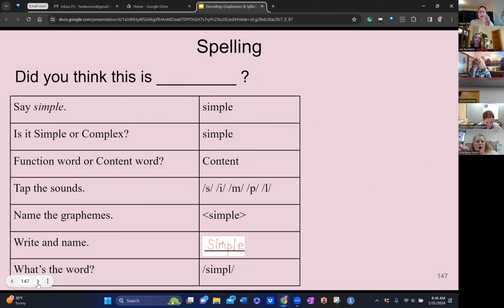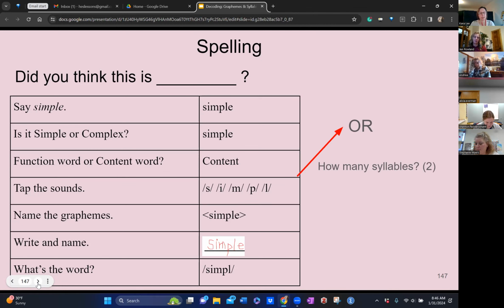Now, what are they possibly going to do when they get to the p-ul? They're not going to remember the E. This is where you need to remind them, what does every syllable have to have? Or almost always, right? A vowel letter.